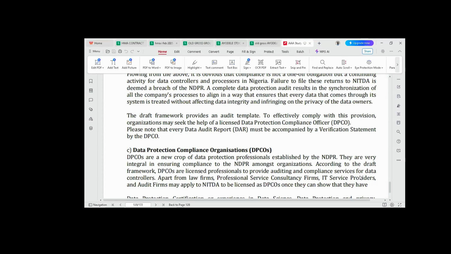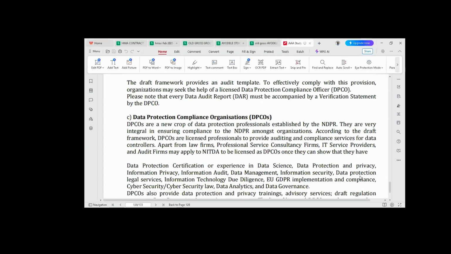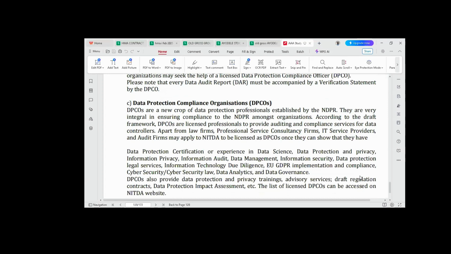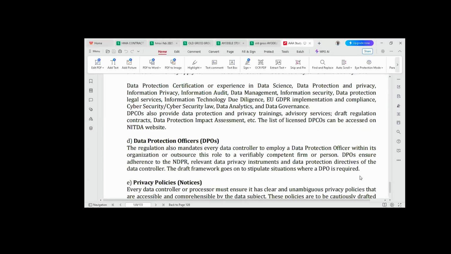They have undergone training on data privacy, and they have the license, the mandate, and the certificate to go around organizations and see that the organizations that they have visited comply with the NDPR. All right, comply with what? The NDPR.